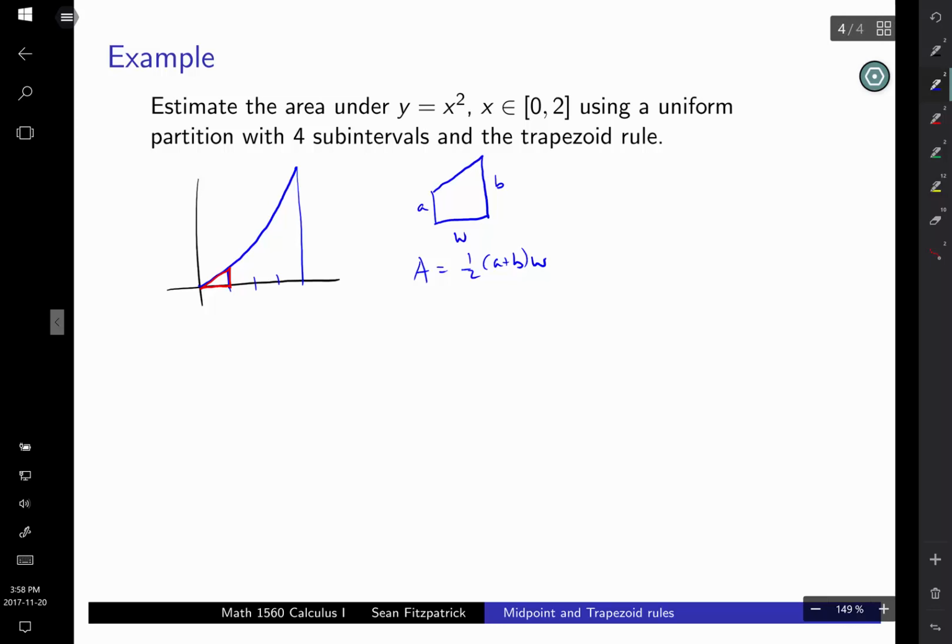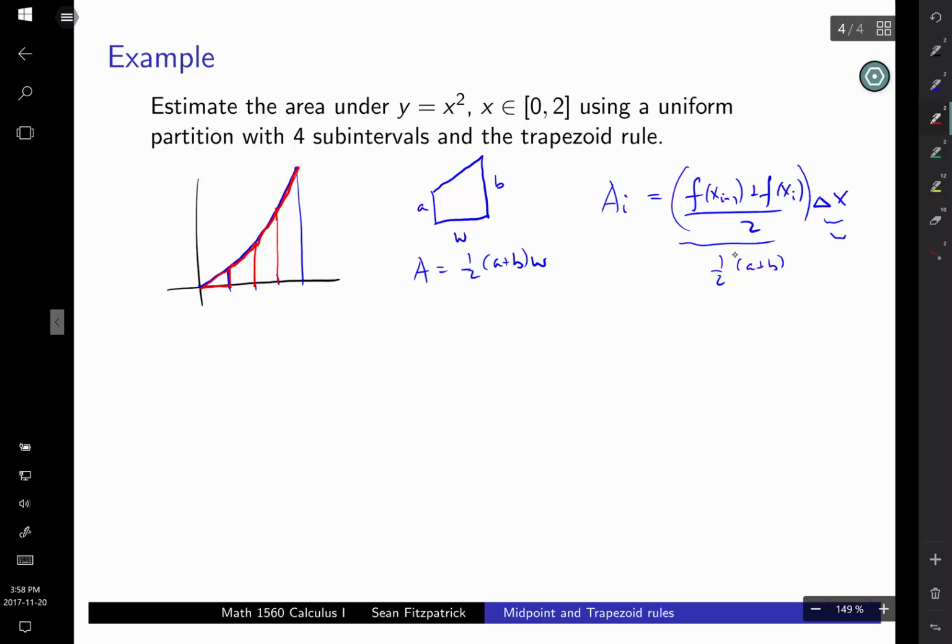Because for each of our i's, we are doing f of x i minus 1 plus f of x i over 2 times delta x, right? So this is your 1/2 (A plus B), and the delta x is really your W. Now those should be straight lines, though it's hard to draw them so that they don't look approximately straight.